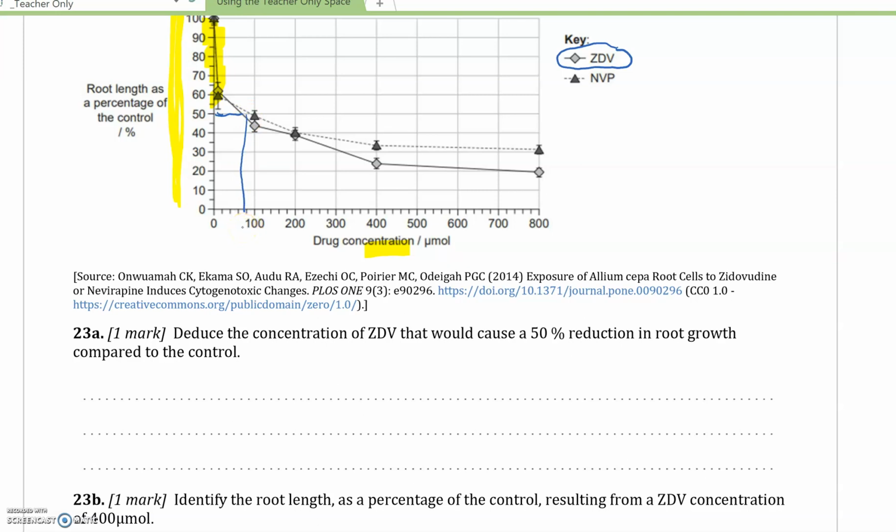Now if you do this properly with a ruler, you should get to 75, and then you've got to remember to include the unit, which is micromoles. Okay, now the acceptable range for this was 70 to 80.